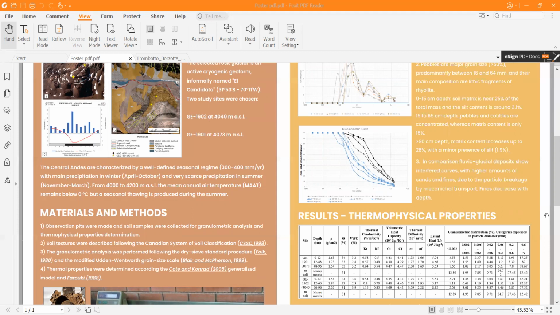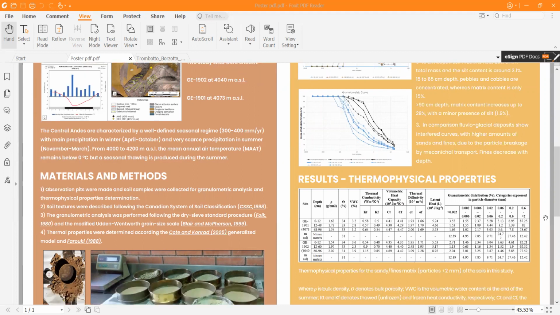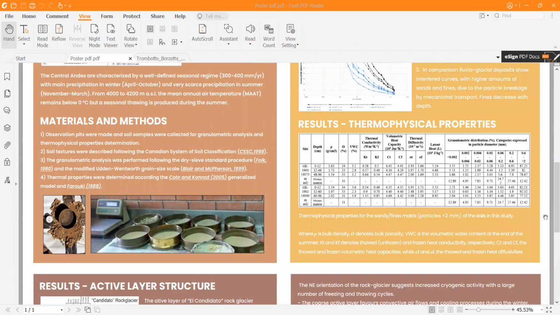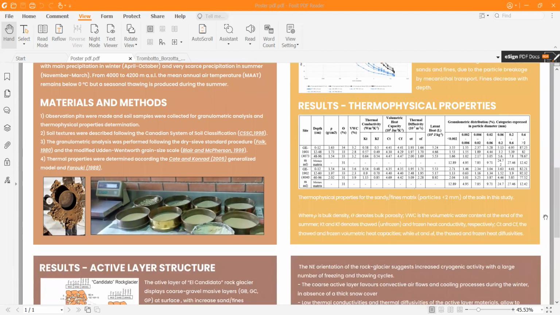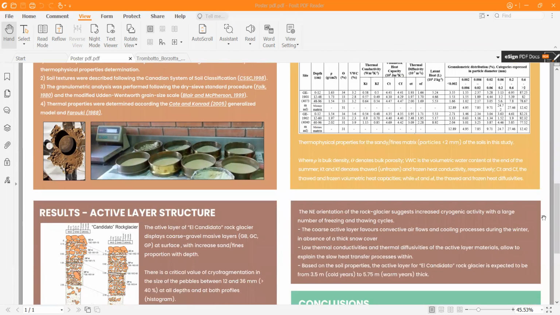Based on the cryogenic law, pebbles and cobbles were transported upwards within the active layer. But we saw a concentration of silts on the top of the active layer. That could be related to frost-related extrusion in the first 65 centimeters.